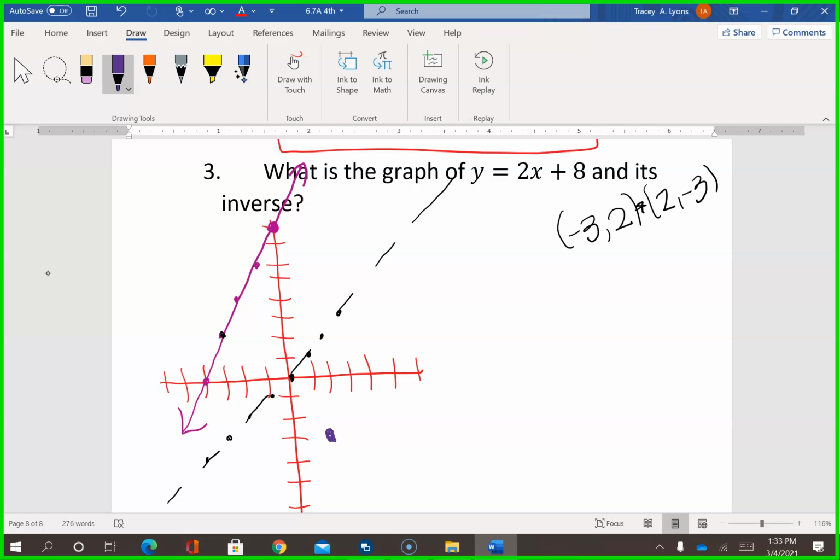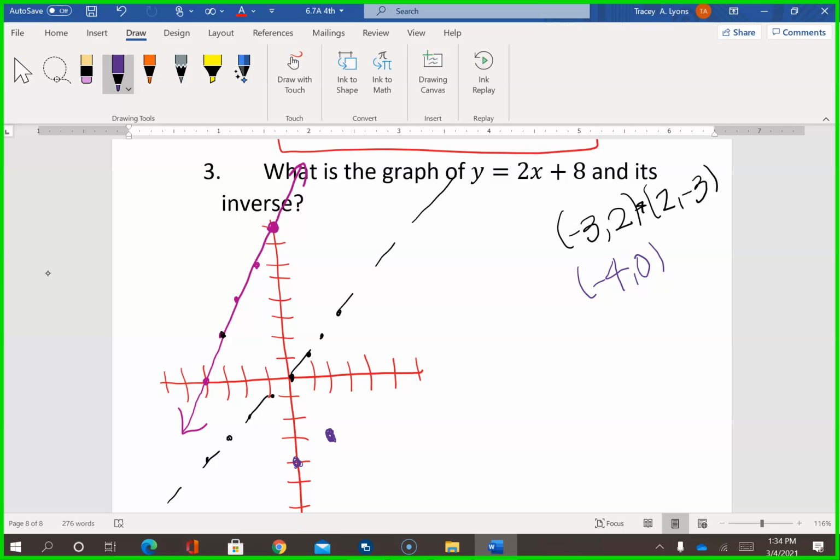This one is 1, 2, 3, 4, negative 4, 0. If you switch it, it would be 0, negative 4. And you could do it in your head, you could write them down, you could do whatever you need to do. Now, when I look at this one, once you get a few, could you not figure out the slope of it and just count? Yeah, because this one I kept going down 2, left 1, down 2, left 1, down 2, left 1. This one, if I do another point, I'll be able to tell what that slope is.